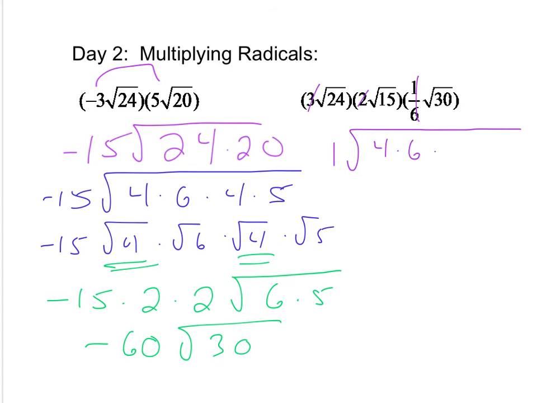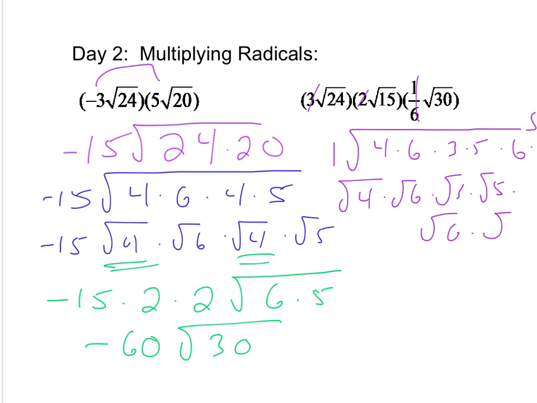I have 15, which is 3 times 5. And I have 30, which is 6 times 5. So in other words, this becomes 1 times root 4 times root 6 times root 3 times root 5 times root 6 times root 5.